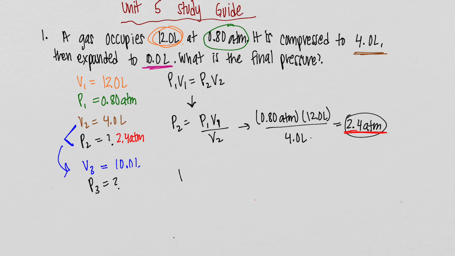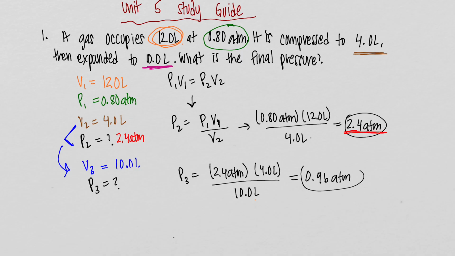Again, we plug in, we look for P3, so that's going to be 2.4 atmospheres times 4.0 liters divided by 10. We get 0.96 atmospheres as our final pressure.